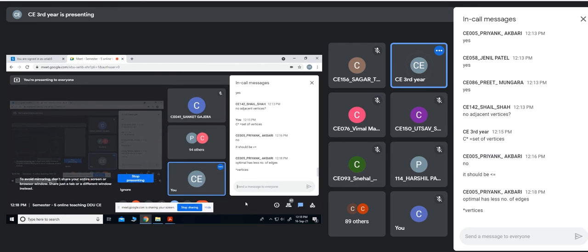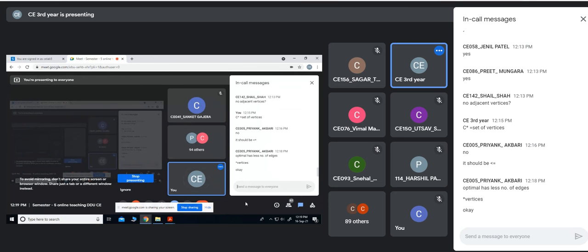We are just comparing numbers, not the sets, because they cannot be compared. One is a set of vertices, one is a set of edges. You cannot compare those sets because they contain different things. What we compare is the size of the set.